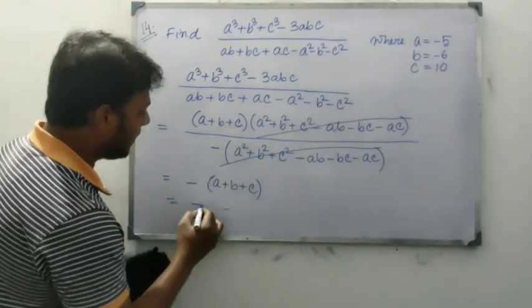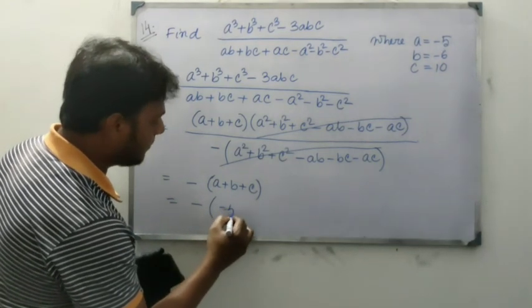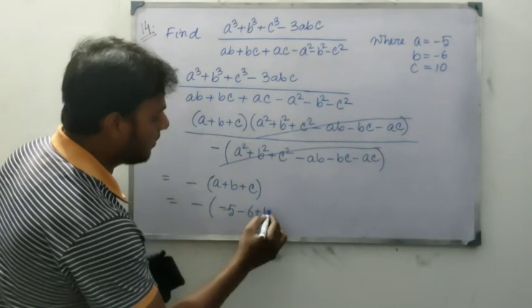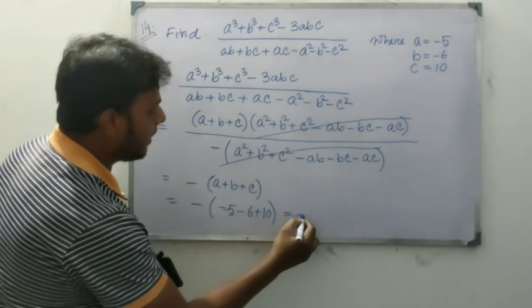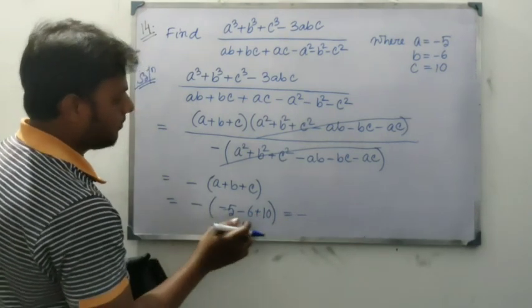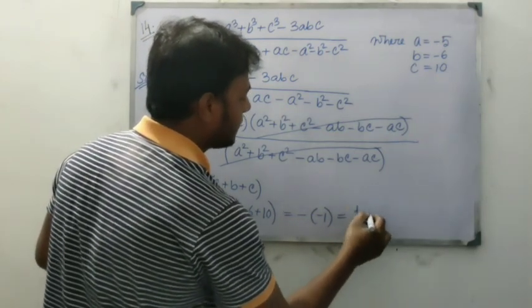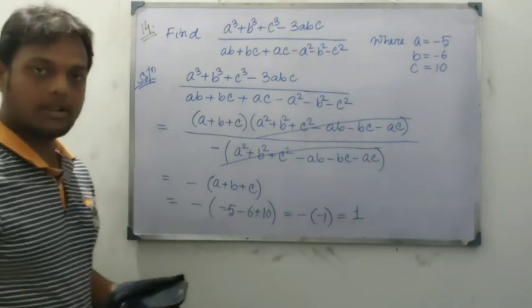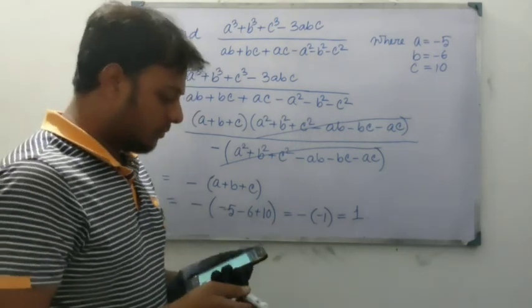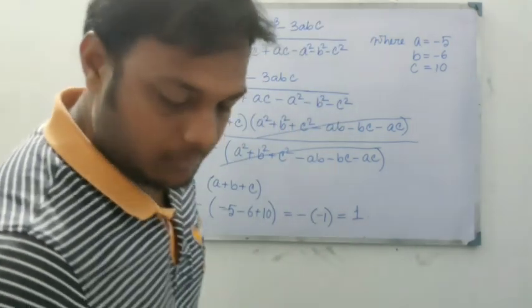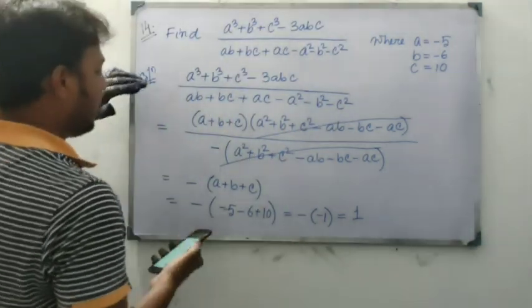Now put the values: minus of (a equals minus 5, b equals minus 6 and c equals 10). So this is nothing but minus of minus 1, equals 1. This completes the solution. Understood? Next, problem number 15. Note down this solution.